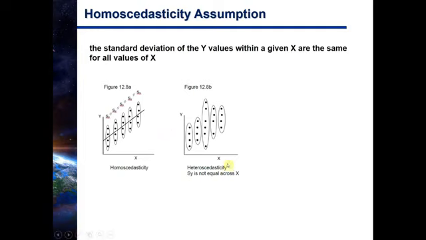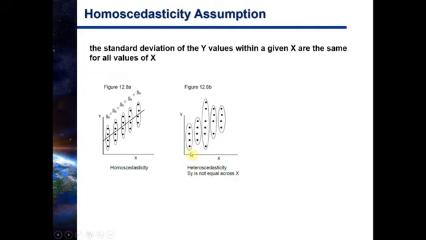If we look over here at this diagram, this is showing you heteroscedasticity. So it's no longer same, it's different, hetero. And what it means is that the standard deviation of the y values is not equal across x. Or you could say the variance of the y values is not equal across x.